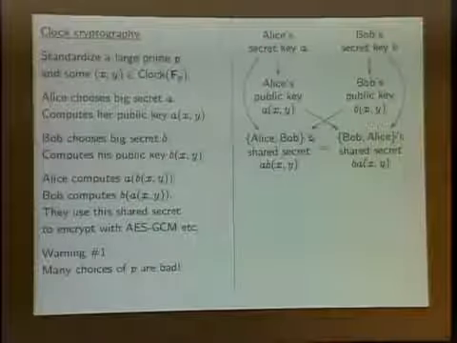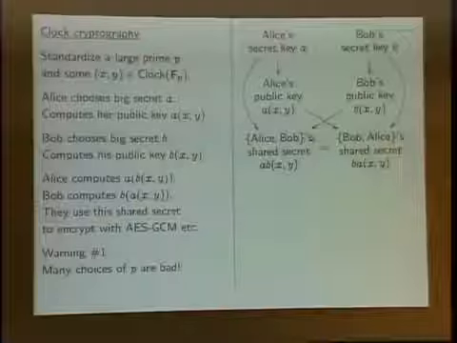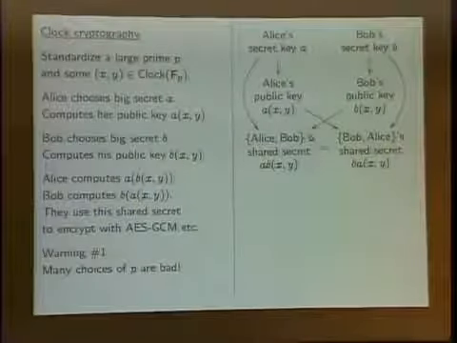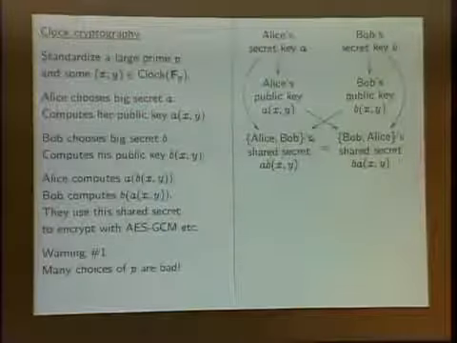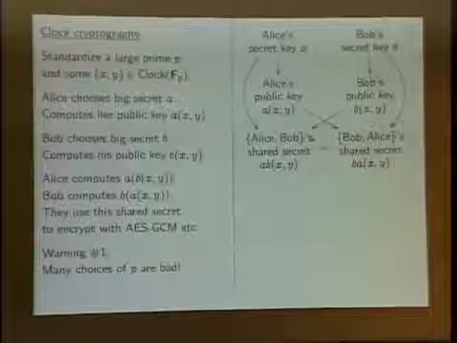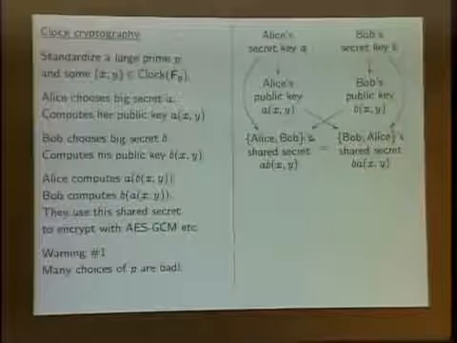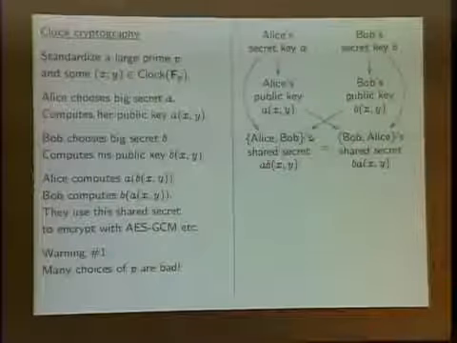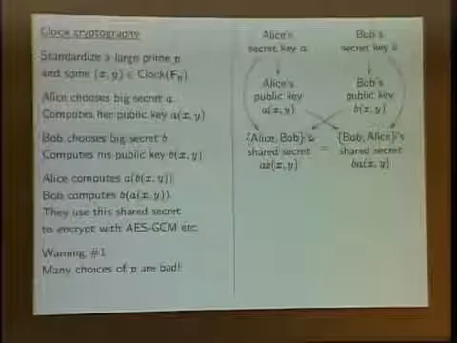That's on Bob's side. So Bob has a times b times the point, and Alice has a times b times the point. So both of them, even though they changed the order of the computation, have gotten the same point. So this would be the shared secret of the two of them, and then they should, say, run it through a hash function, and they can use it for AES in some authentication version, so AES-GCM, say.